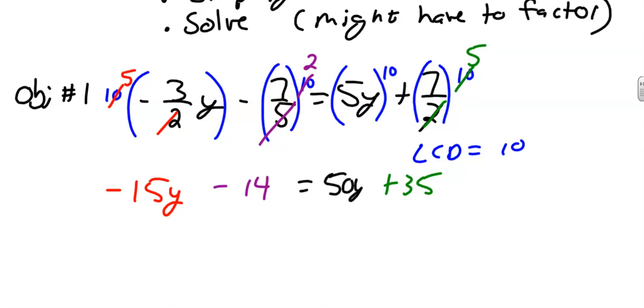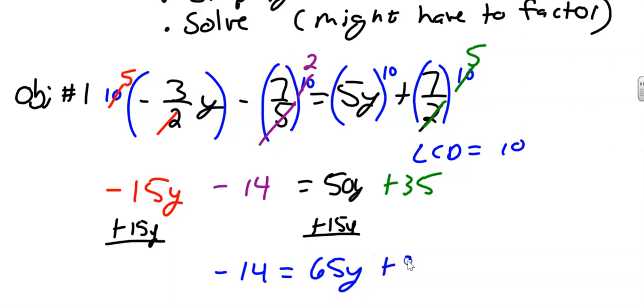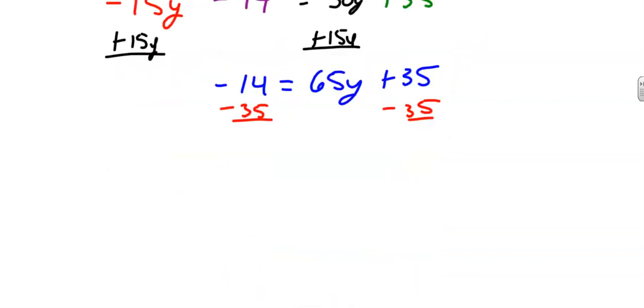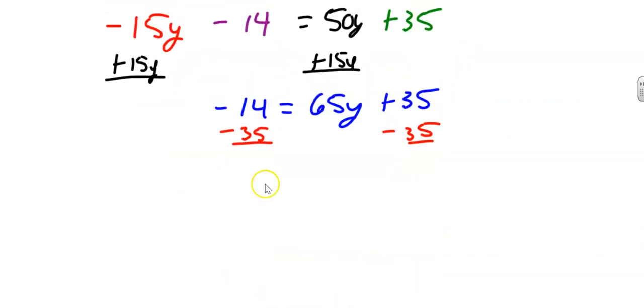So for this one, I would say let's add the 15y here and the 15 here. So that leaves you with negative 14 equals 65y plus 35. And just subtract 35. That's a negative 49 equals 65y.